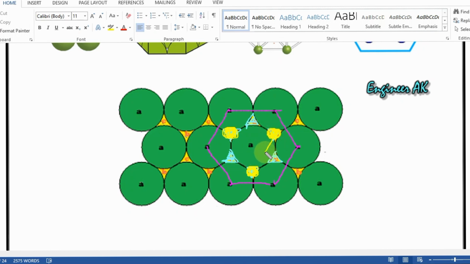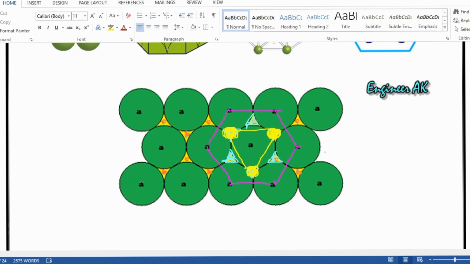So in that way these three atoms are arranged here, right? And above these three atoms again there is another hexagonal structure.